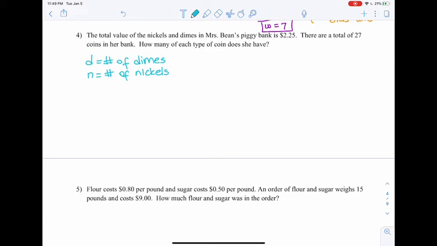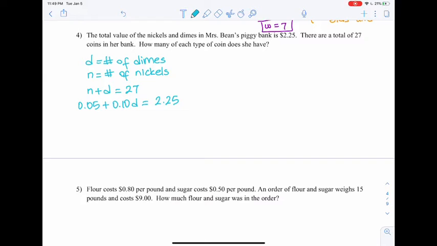Okay, and we can write our first equation for the number of coins, which will be N plus D is 27. And we can write the second equation for the money amount, which we can write as 0.05N plus 0.10D is equal to 2.25.